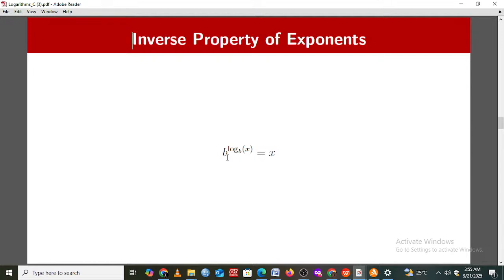So that means if I have 2 raised to power log 3 base 2, my result is just 3. You should note this very, very well. My result is just 3.